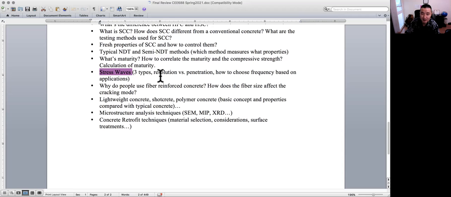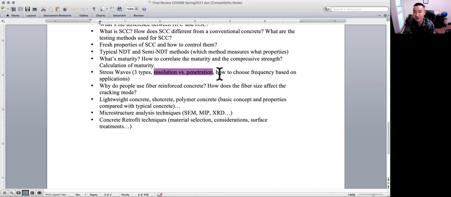And then this is very important, how we can balance the resolution and the penetration. The higher the resolution of the mechanical wave, the more details we can see, but the penetration will be shallow. We have less penetration because the energy will be dissipated faster when we increase the frequency.